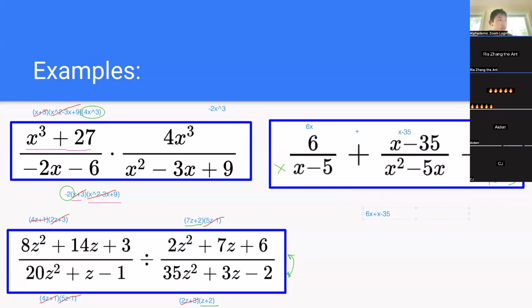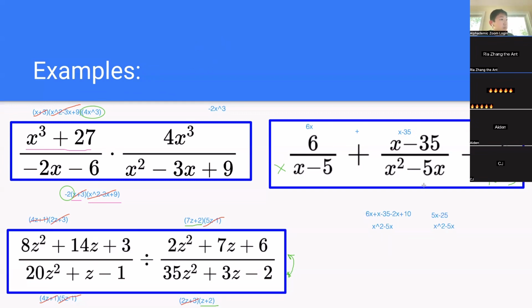It would be negative 2x plus 10. All right, and then at the bottom, we have x squared minus 5x. And then from here, the top turns into 5x minus 25. Bottom still stays the same.